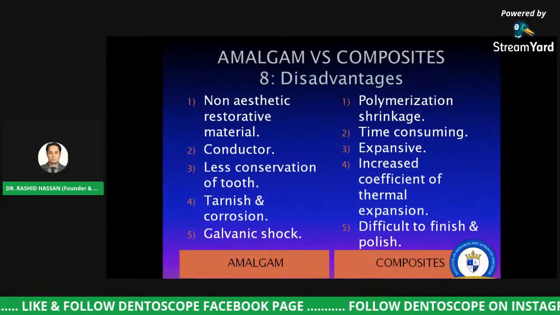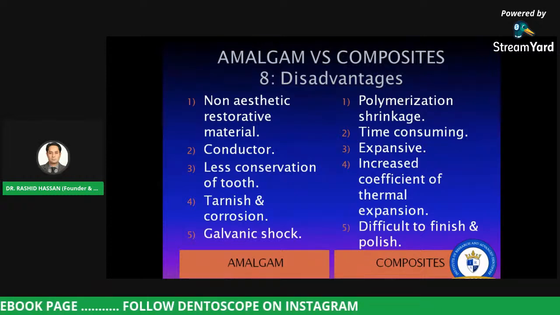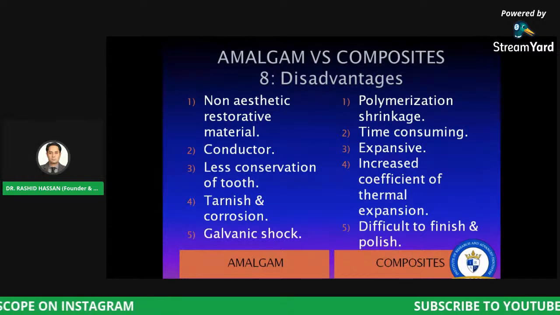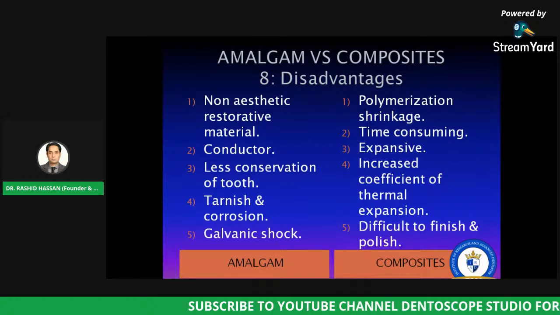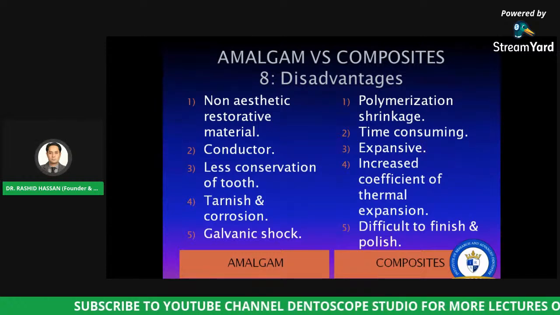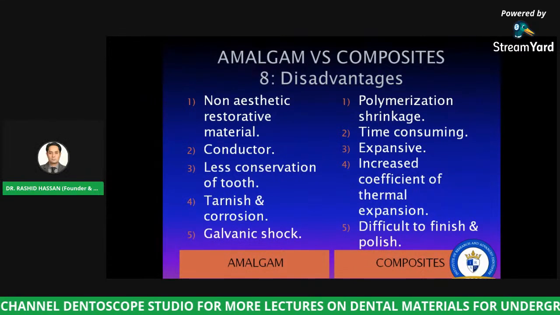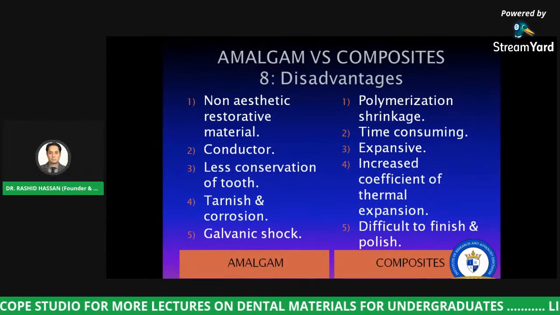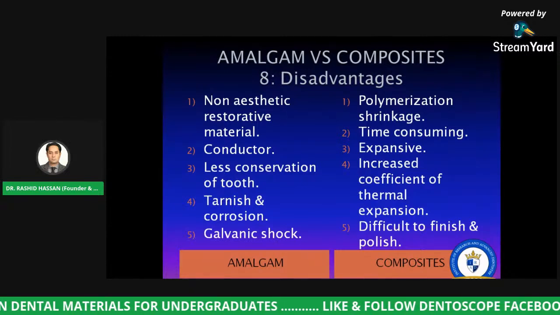If the tooth has a coefficient of thermal expansion and you fill it, I told you that always consider the tooth as a material. A natural tooth is also a material. It is a composite material. I told you in my previous lecture on dental composite that it is basically a composite material because it is also made up of an organic component, an inorganic component, and water, right?